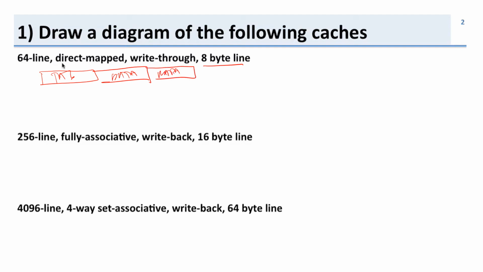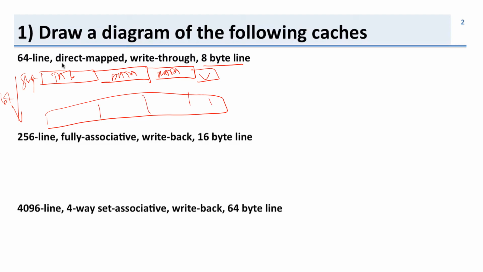So 2 data, and since it is write-through, there is a valid bit. The 8 bytes is the line for the data, and there are 64 lines, so the diagram goes down until 64 lines of valid bit, data, and tag.